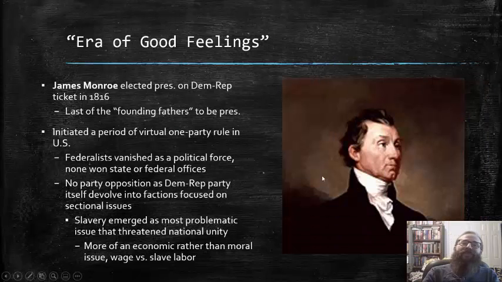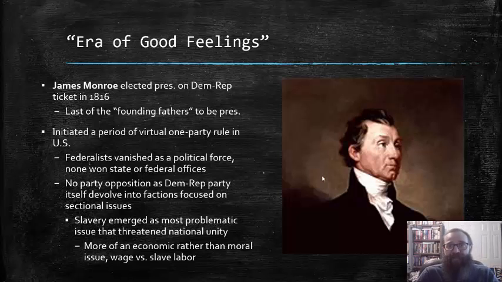James Monroe was elected president on a Democratic-Republican ticket in 1816. Now, Monroe was the last of those founding fathers to actually become president of the United States. And Monroe's election initiated a period of more or less virtual one-party rule in the United States.